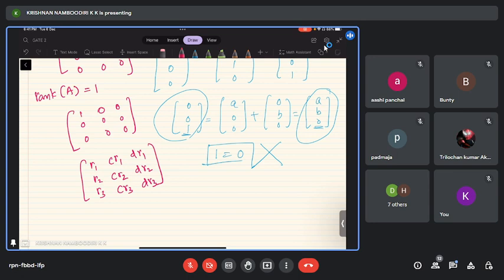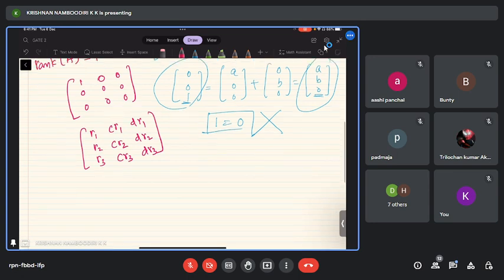This is the other possibility. This means the second column can be written as a scalar multiple of the first column. That means C times the first column will give the second column, and D times the first column will give the third column.